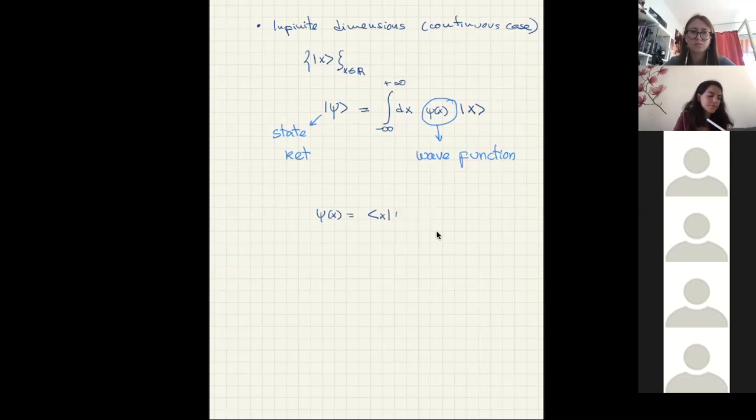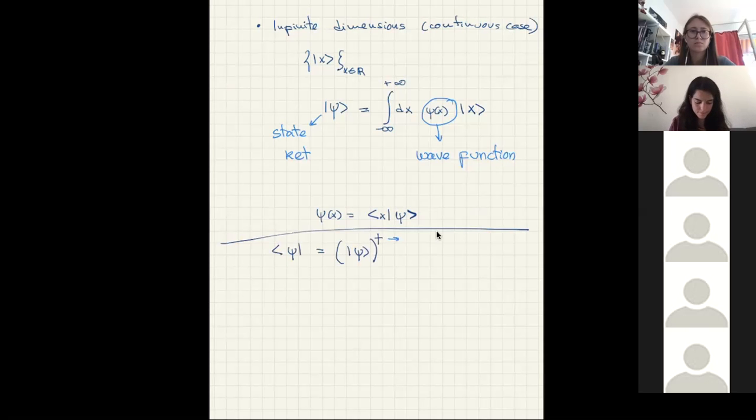And I will tell you what this means, because we've not seen this object yet. So what is this object? We take a state and we take the complex conjugate.